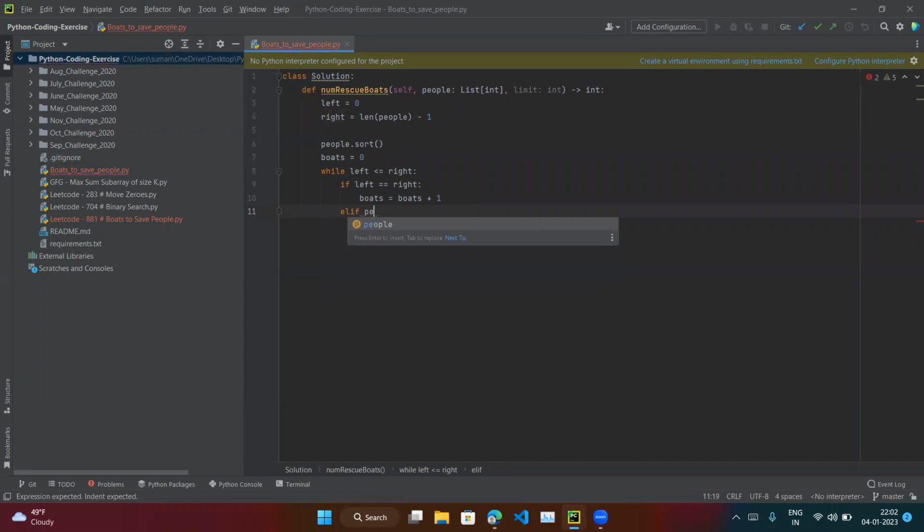And if people at left plus people at right is less than or equal to the limit, then we will again increase the boats, and in this case we will increase our left pointer and decrease our right pointer.